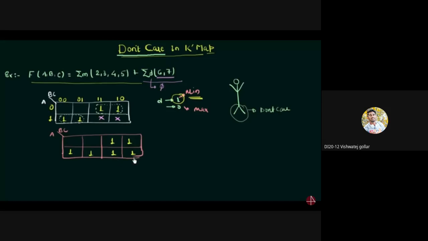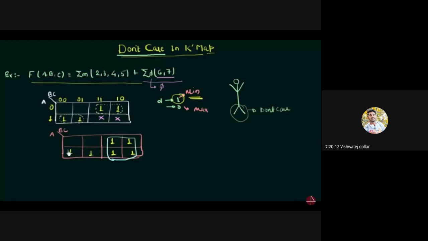So I took the don't care as 1. Now let's make the groups of ones again. Now I'm not going to combine these two ones the way I did before, but I'm going to combine them this way. Now it's not a pair, we have just made it a quad, a group of 4 ones.